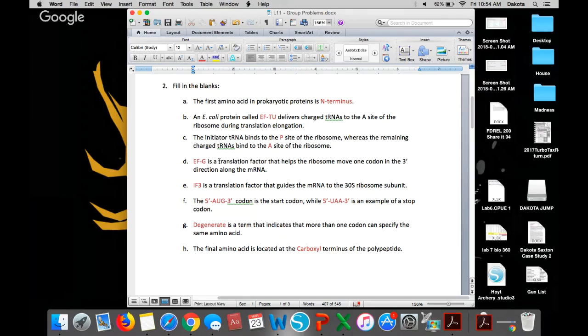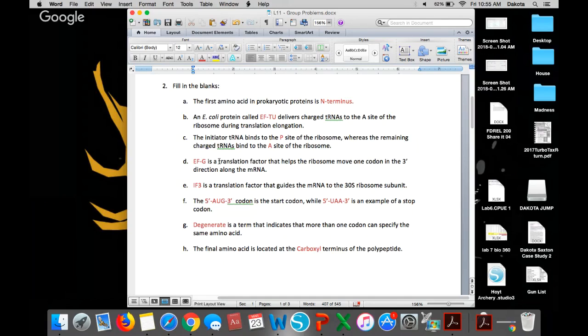That delivers the charged tRNAs to the A site of the ribosome during translation elongation. And then the initiator tRNA binds to the P site of the ribosome, whereas the remaining charged tRNAs bind to the A site of the ribosome. And then EF-G is the translation factor that helps the ribosome move one codon in the 3' direction along the mRNA.